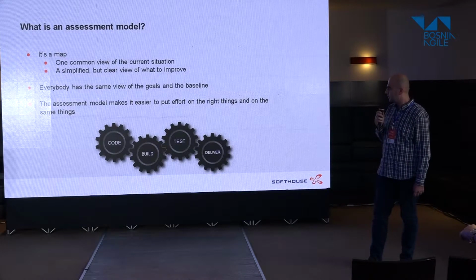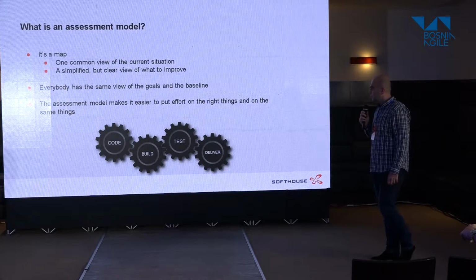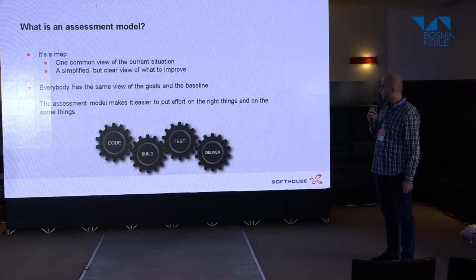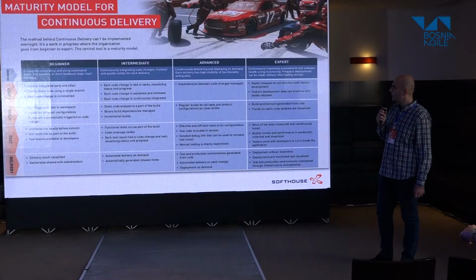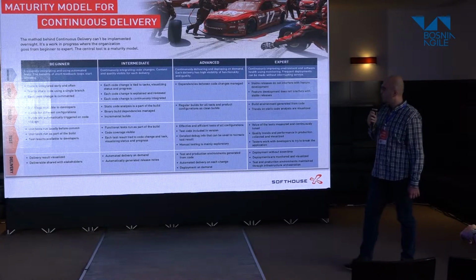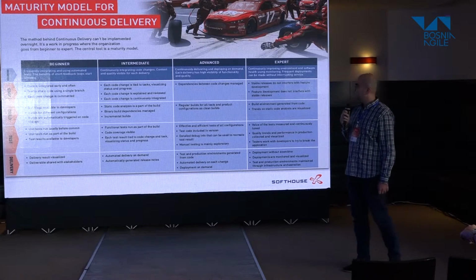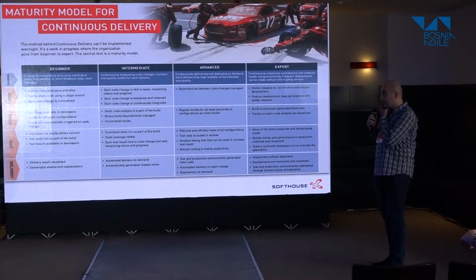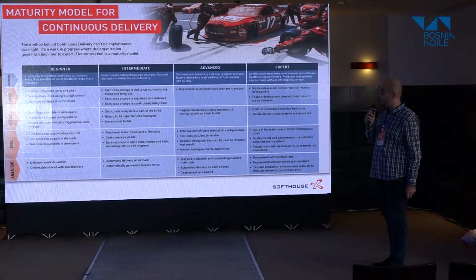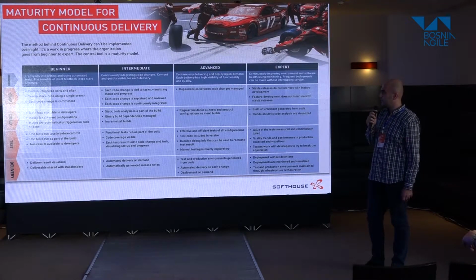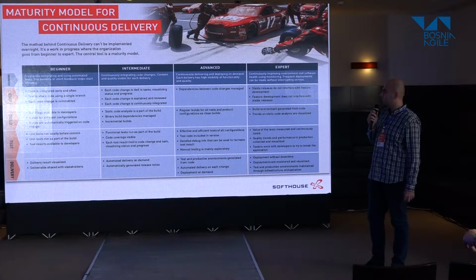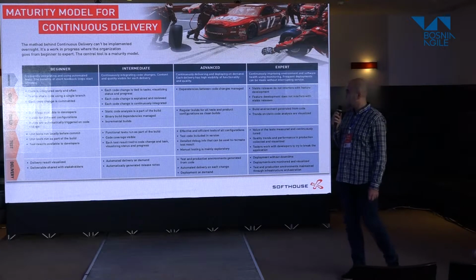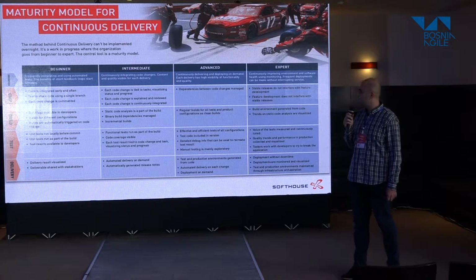An important thing is that the assessment model makes it easier to put effort on the right things and on the same things. The central tool of the assessment model is the maturity model. It's a map or model that explains the current situation on the projects and where our organization stands in terms of maturity.